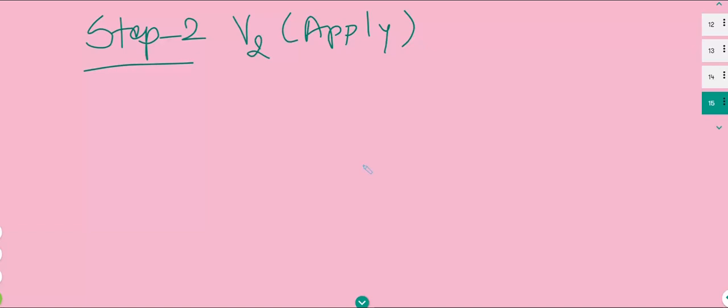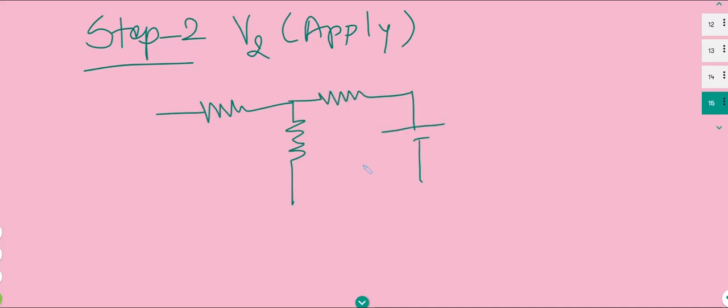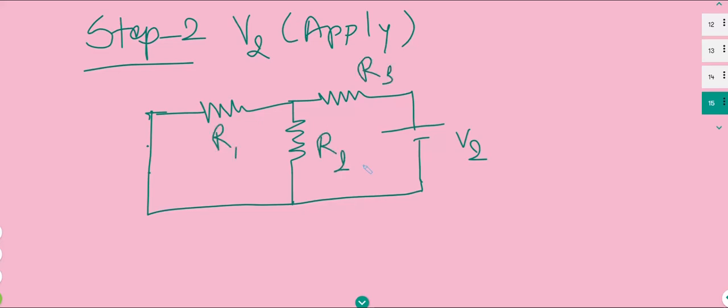Here you have R1, R2 and R3, and you have applied V2 and replaced the first energy source with its internal resistance. The internal resistance of a voltage source is 0, so we have to short circuit this, and the circuit is like this: R1, R2, R3. Now you have applied V2.